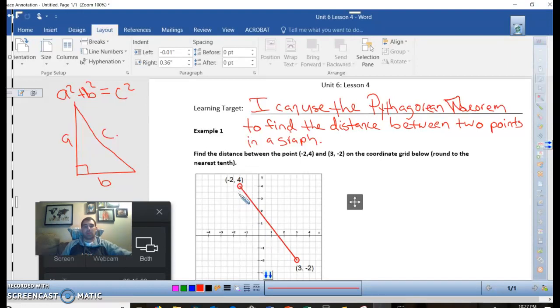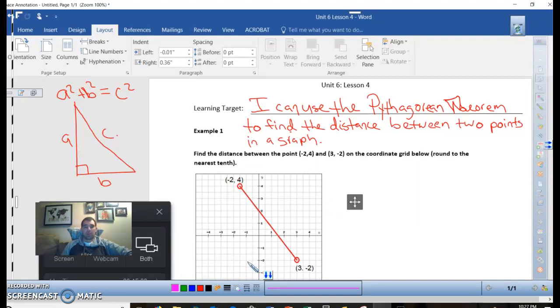A lot of people don't know how to find this distance, and they don't connect that we can form a right triangle. We can use our Pythagorean theorem to find this distance, and that's the key. That's the connection we need to make today. And then it becomes rather simple. We have to use the Pythagorean theorem to make that connection.